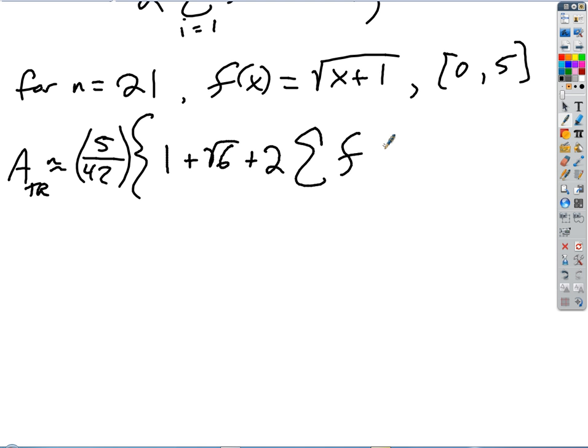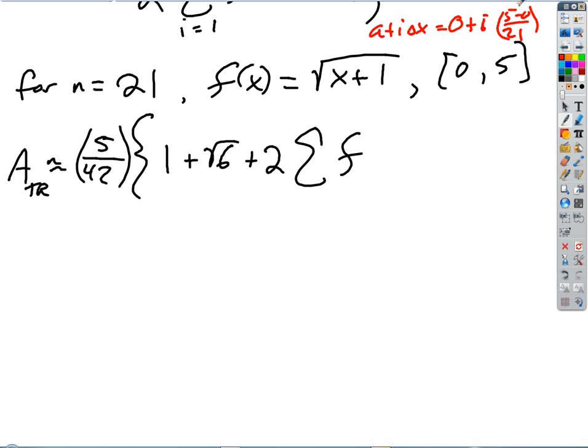Maybe let's figure out what that expression looks like. 0 plus I times 5 minus 0 over n, but what's n? 21. Is this all making sense? Yeah. 5i over 21. A plus I delta x, 0 plus I times 5 over 21 is just 5i over 21.